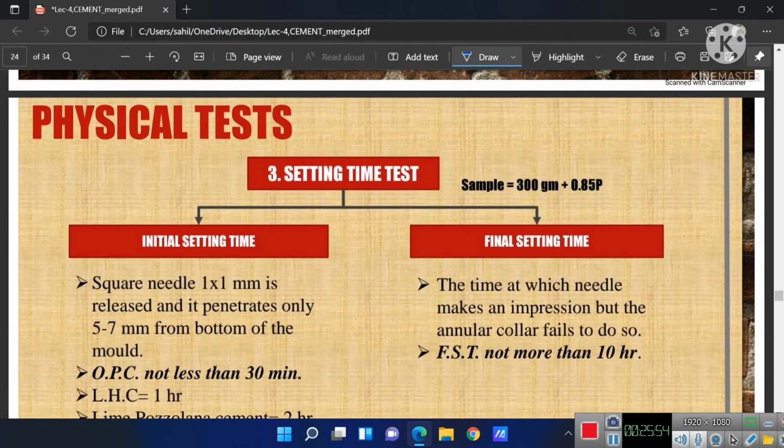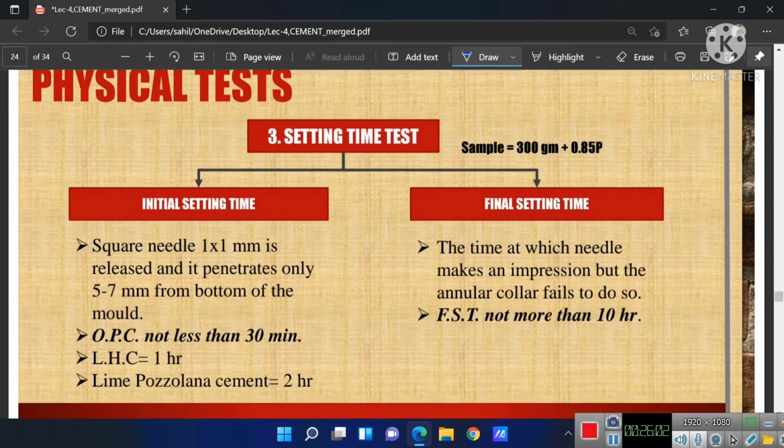Number 3 is setting time test for physical test. Now a sample is taken and a square needle of dimension 1 by 1 millimeter is released, and it penetrates only 5 to 7 millimeter from bottom of the mold. Now in OPC, initial setting time must be not less than 30 minutes.